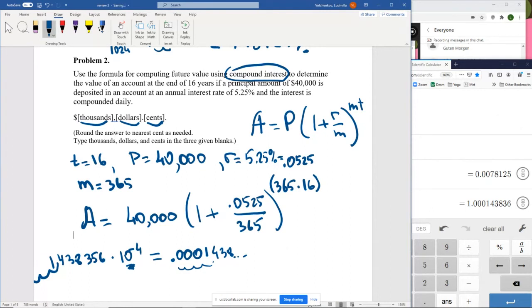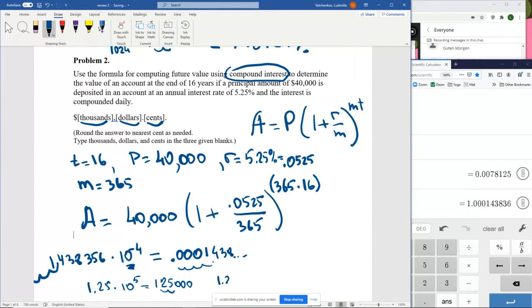For example, if you have 1.25 times 10 to the 5th, it means that you move your decimal point 5 places to the right: 125, and then you add the 3 zeros. This is your actual number, and the calculator uses scientific notation as more convenient.